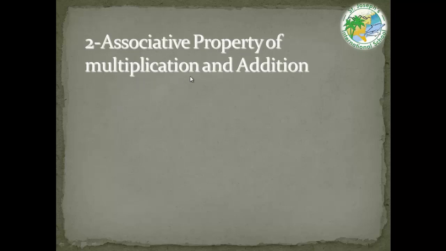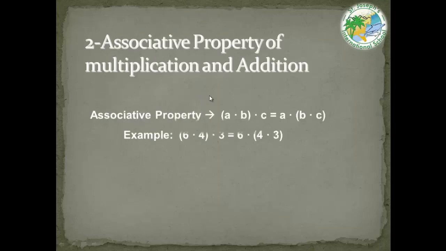Associative property of multiplication and addition. You can use the associative property in the multiplication operation and the addition operation. A times B times C equals A times B times C, but we write the brackets in different places.